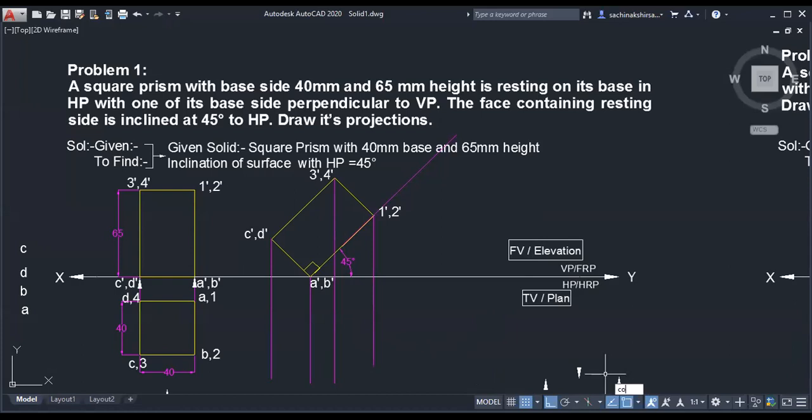Similarly, how can we take the vertical projection line again, vertically downward?